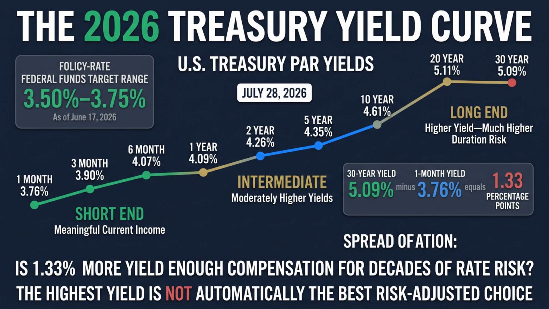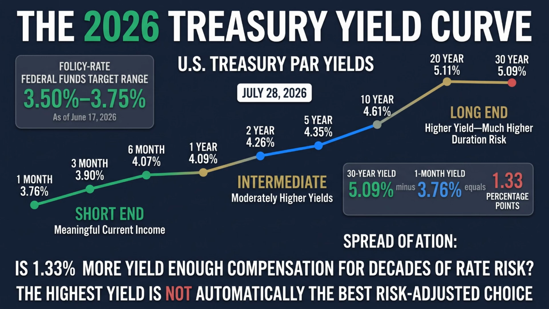This created a meaningful upward slope from the shortest Treasury maturity to the 30-year bond, but the additional compensation was not unlimited. The difference between the one-month yield and the 30-year yield was approximately 1.33 percentage points, so the investor had to ask whether roughly 1.3 percentage points of additional annual yield was enough compensation for decades of inflation exposure and substantially greater price volatility.